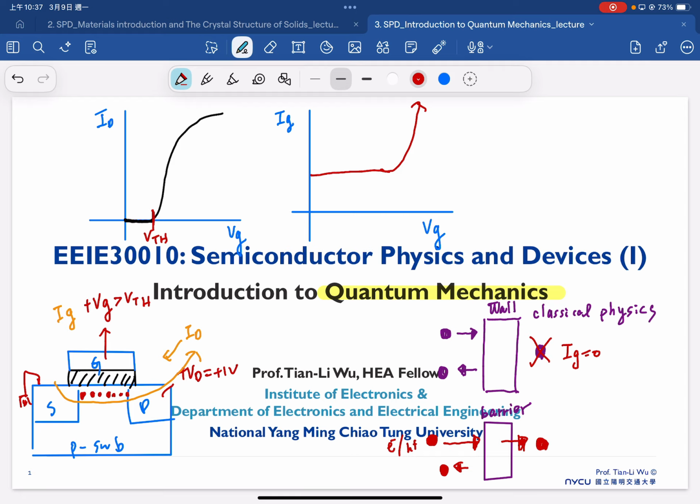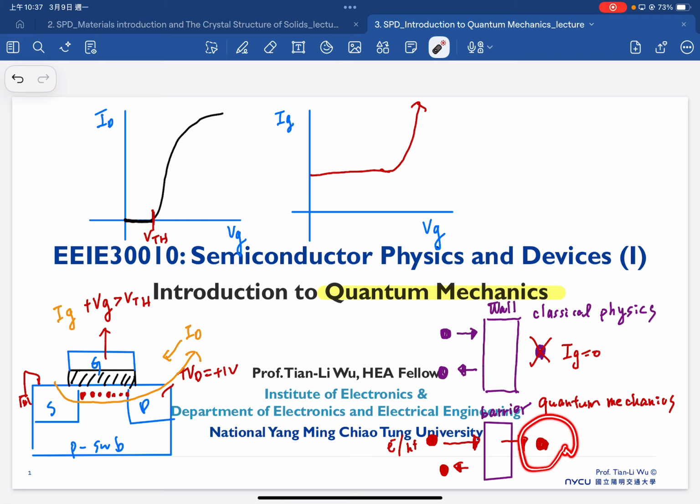And quantum mechanics teaches us how this can happen. Because of this penetrating phenomenon, we can find the electrons or holes on the other side.